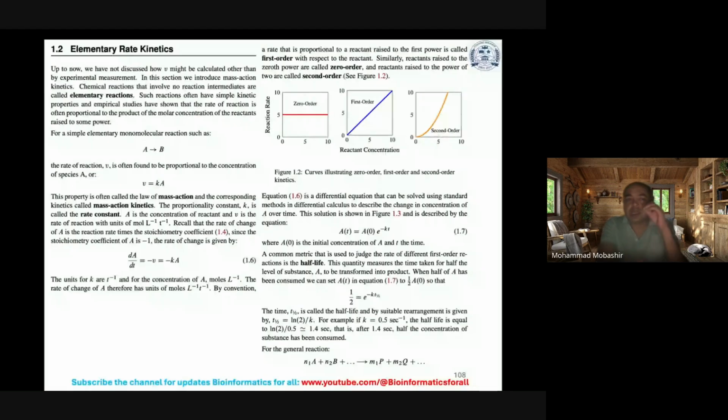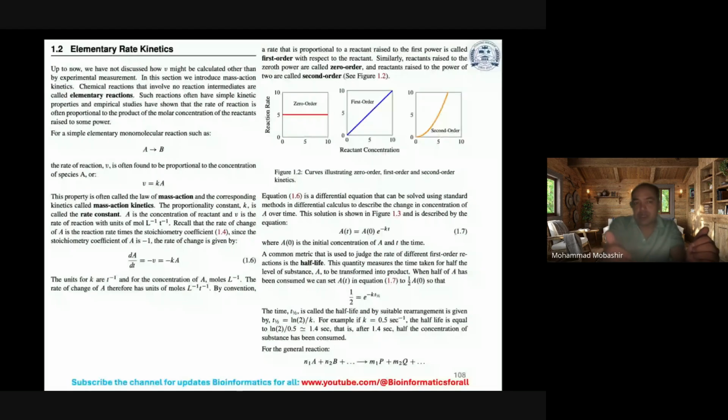The proportionality constant K is called the rate constant. A is the concentration of the reactant and V is the rate of reaction with certain units.